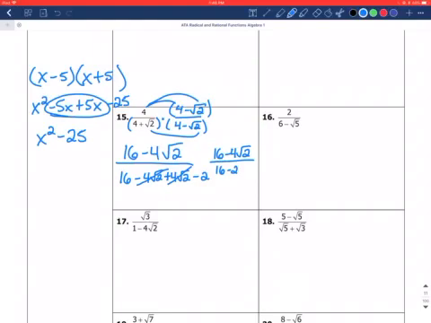Those middle terms will cancel each other out, and that will just leave us with 14. So 16 minus 4 square root of 2 over 14. Now from there, all of those coefficients, we can divide them all by 2. So that will be 8 minus 2 square root of 2 all over 7. And that is completely simplified there. There's nothing else you can do for that one.